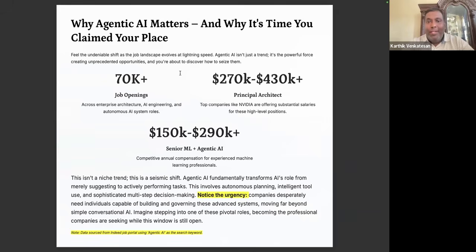Agentic AI is picking up, and you guys know the last 2 years were brutal for the job market. A lot of people lost jobs. Microsoft, Amazon, Facebook, Google. It's brutal, hundreds of thousands. The rest of the market is doing really well, but the IT market was really bad, which was not the case during COVID, where the IT market was doing really well and the rest of the industry was really suffering.